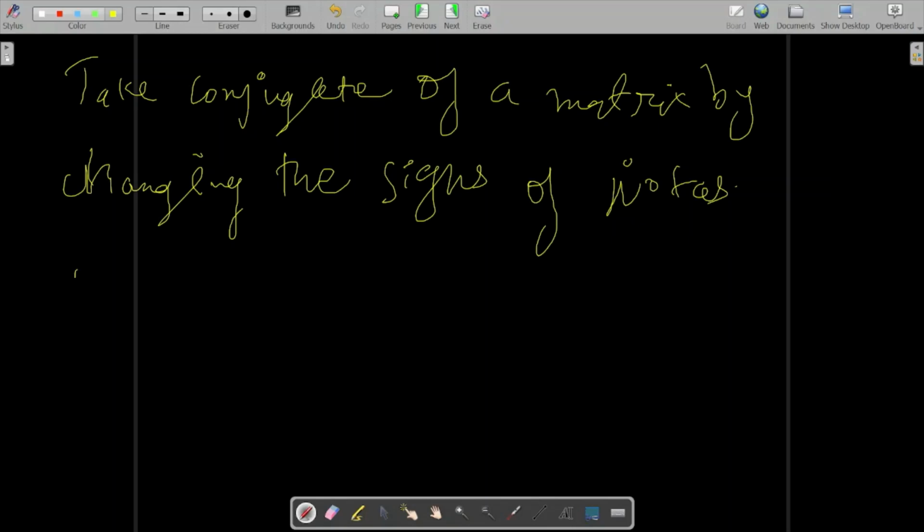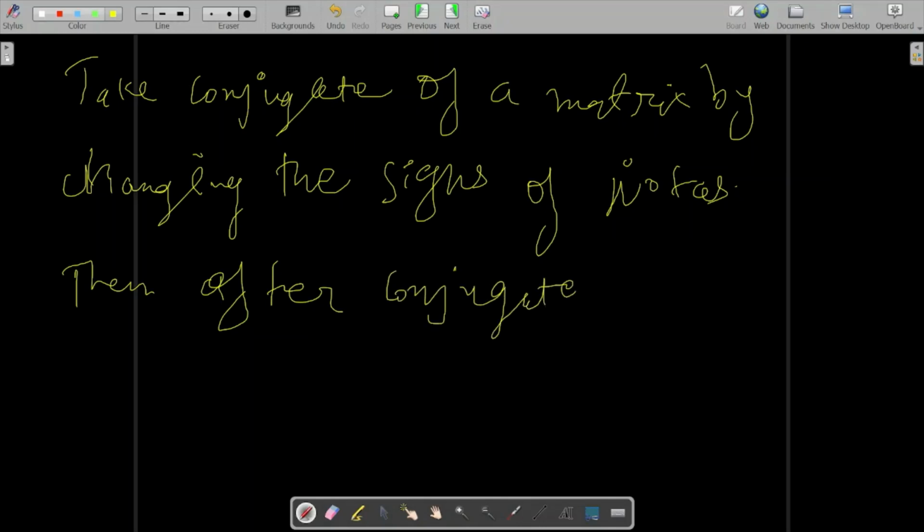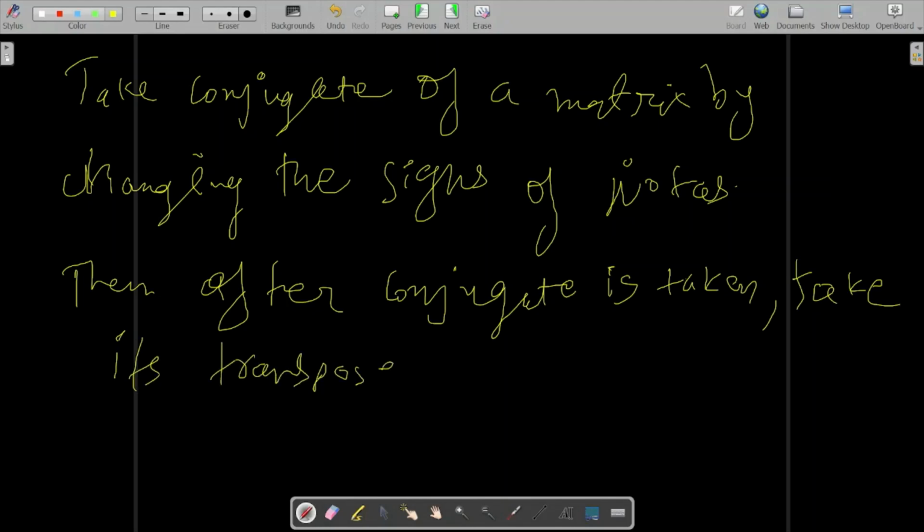Then after the conjugate is taken, take its transpose. That implies the tranjugate.